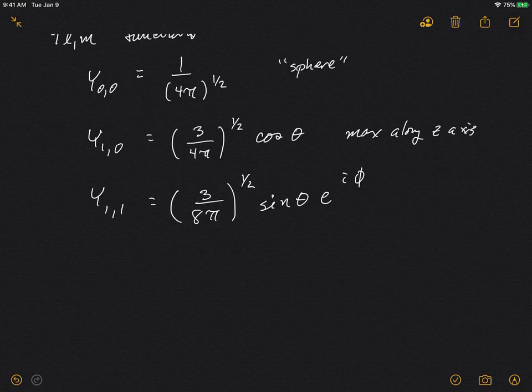It's a tricky thing to try to draw. And the Y1 minus 1 has the same 3 over 8 pi sine theta e to the minus i phi.